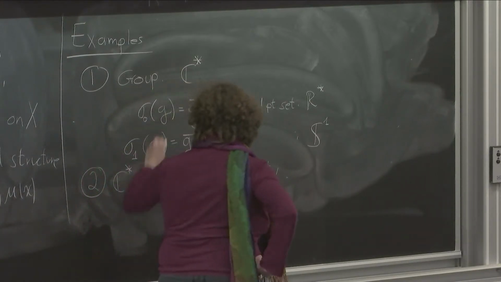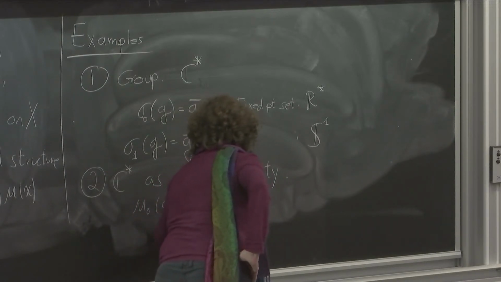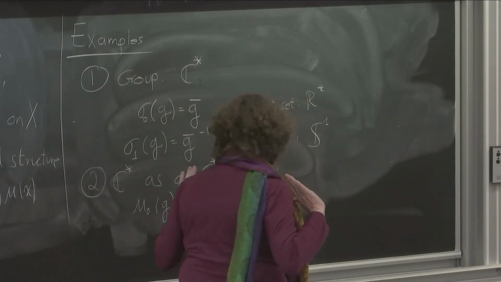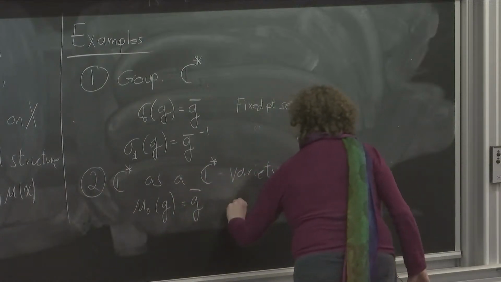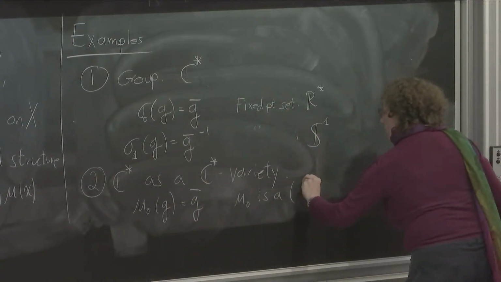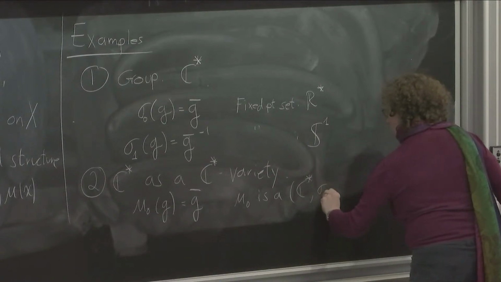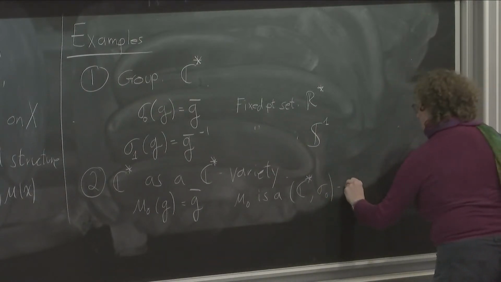Well, it's obvious that I can do this. That works just fine. Mu 0 is a C star sigma 0 structure.